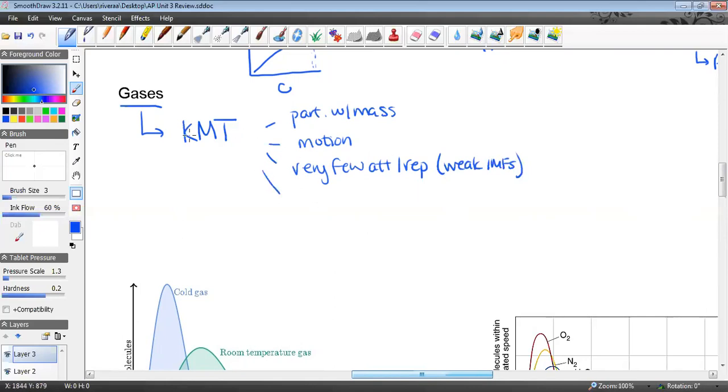And the last thing that sort of governs gas behavior is the space between the particles is much greater than the size of the particles themselves. In other words, gases are compressible.